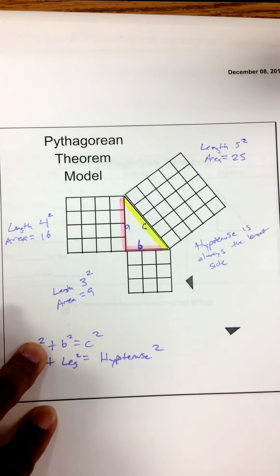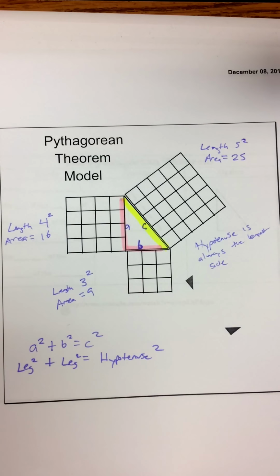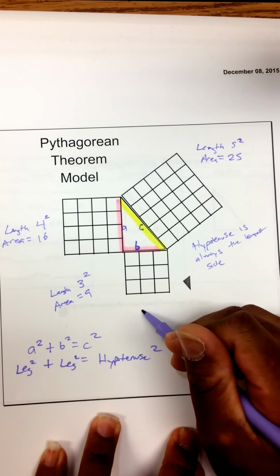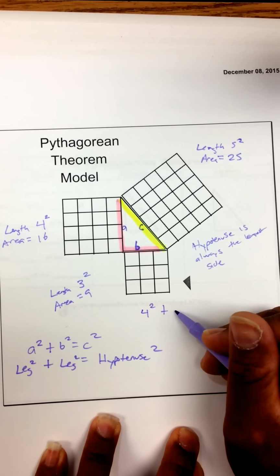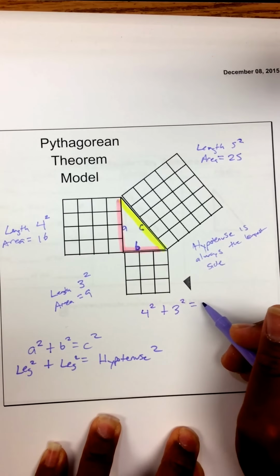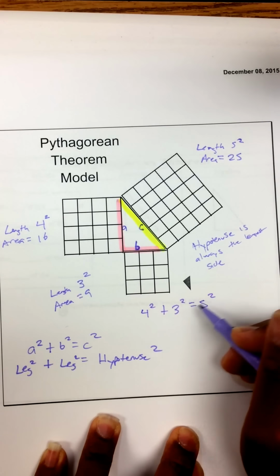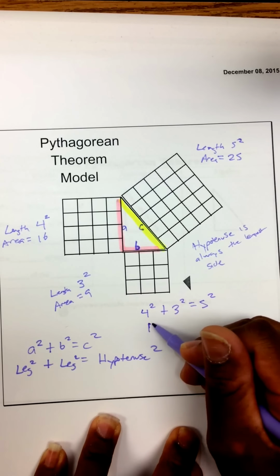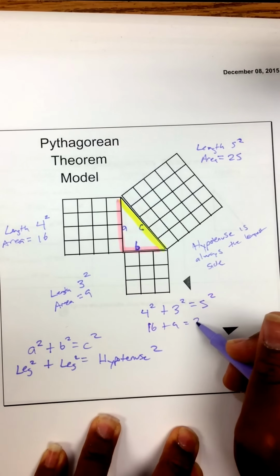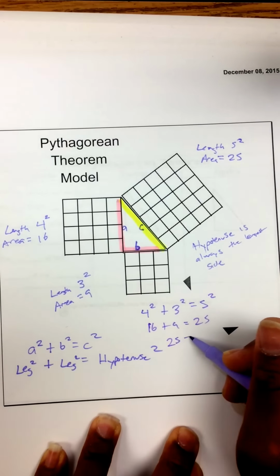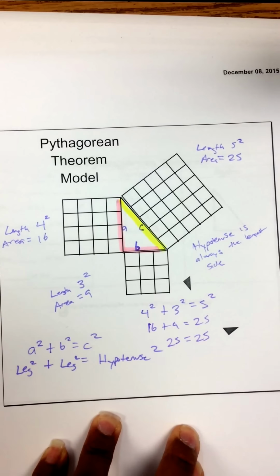Now, we compile this together, okay? We say 4 squared plus 3 squared equals 5 squared. And when I solve it, that'll be 16 plus 9 equals 25. And I see that those are equal.